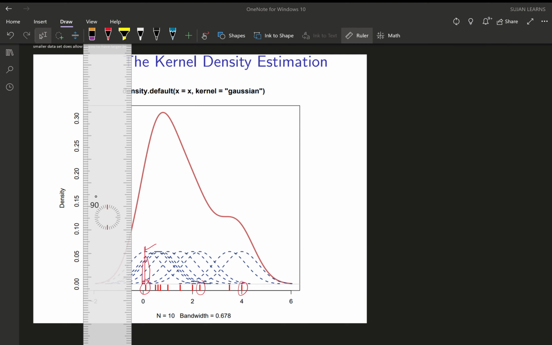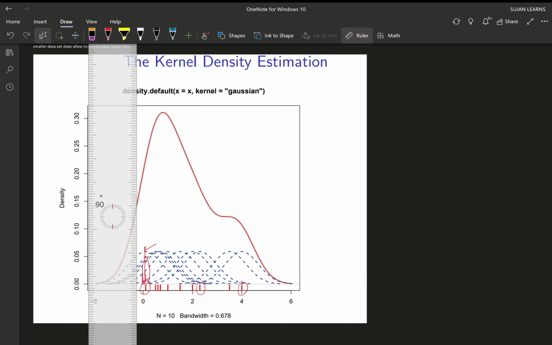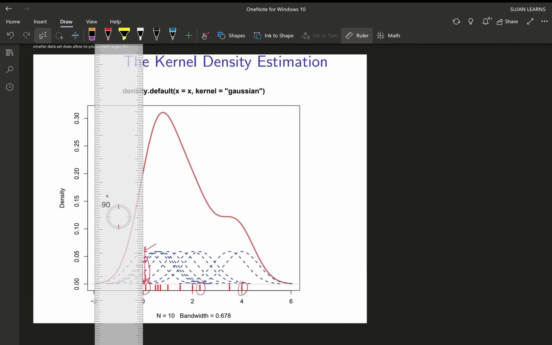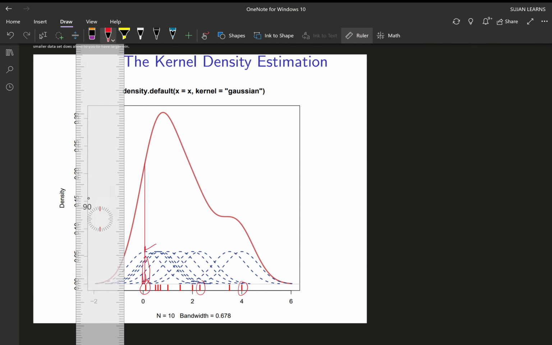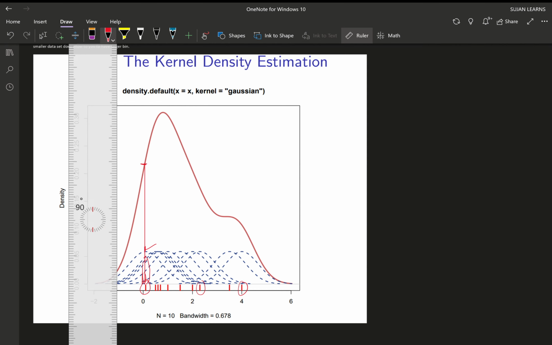When you add up all the heights of these curves, what we get is the total height, and it reaches up to here. So this is the total height of all of these curves at a given point, and we draw a point here.